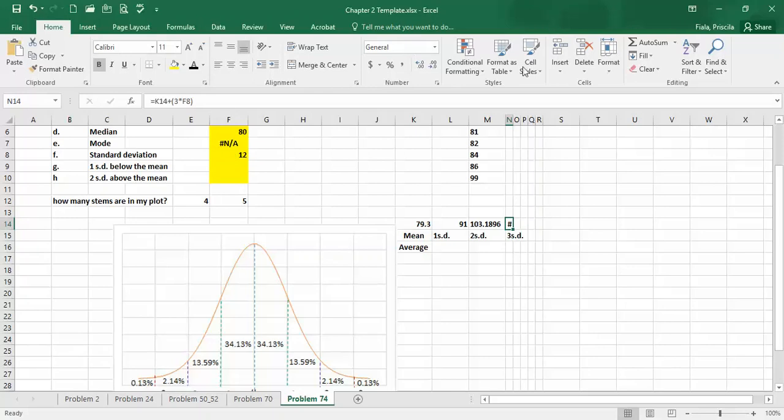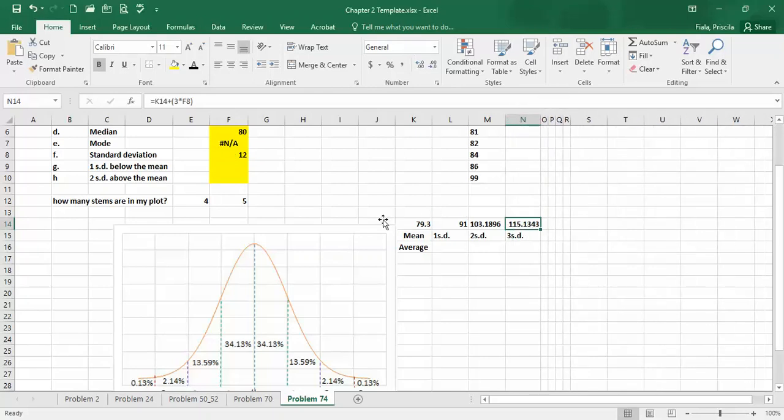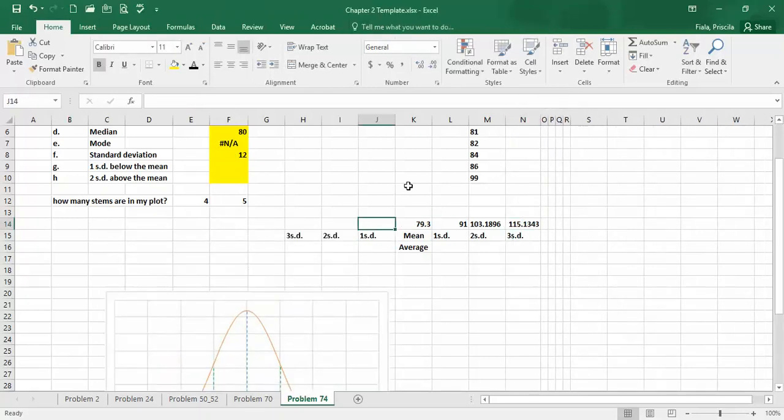And now we're going to be doing it for the lower side. We're going to do the same process, but now we're subtracting. To the left, we're going lower, less, so subtract. To the right, we're going to add. So right here, we're going to do equals 79 minus just one standard deviation.